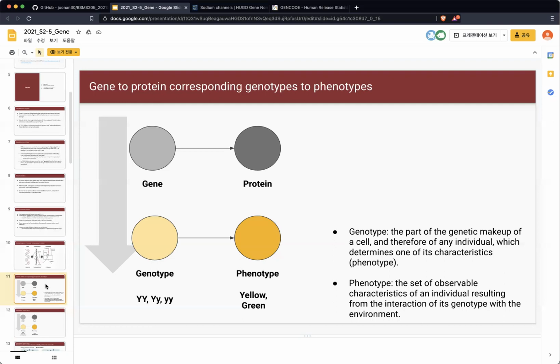But I think this is not 100% correct, because the reason we care about the central dogma is that we want to see why organisms have that phenotype, whatever the external appearance or the behavior or the physical process, right? All of the biological phenomena we can describe in organisms are actually explained by molecular mechanisms, and that formula we call the central dogma, right?